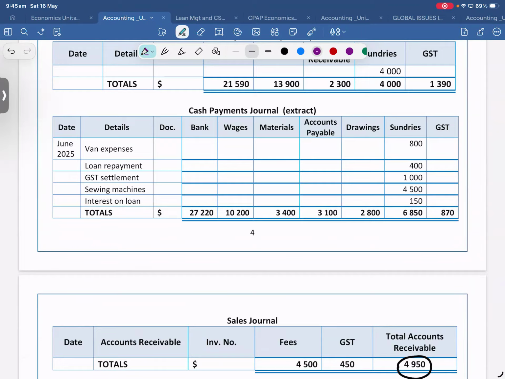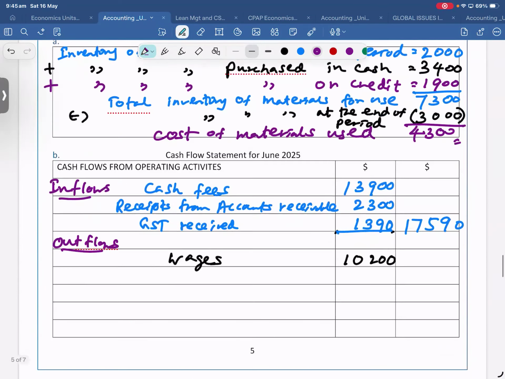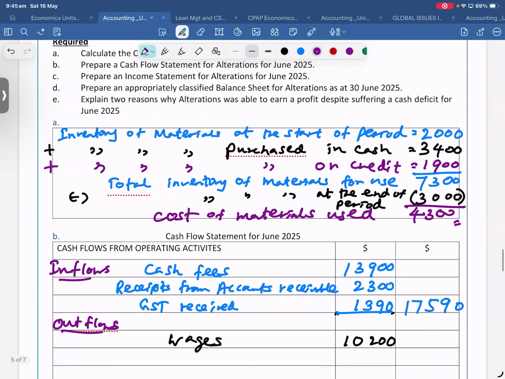Materials is like inventory purchased by a supermarket. So it doesn't become an expense straight away. Remember we dealt with that earlier. We put that 3,400 here to calculate the materials used.